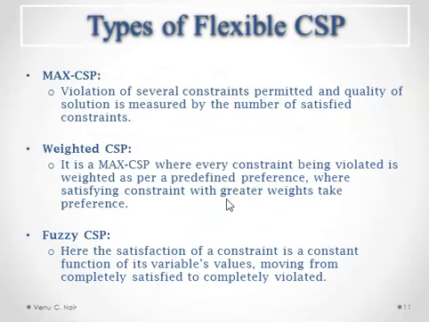There are different types of flexible CSPs. One is max CSP. Here, the violation of several constraints is permitted, and the quality of the solution is measured in terms of the number of satisfied constraints. If there are X number of constraints, we are permitted to violate many of them, and the quality of the solution depends on the number of constraints that are being satisfied.